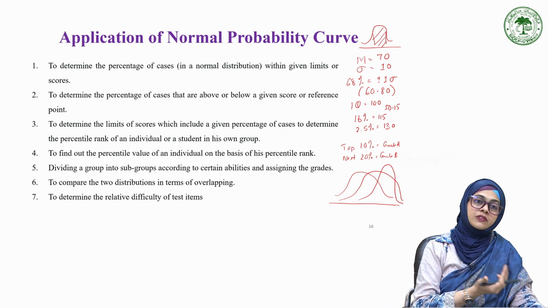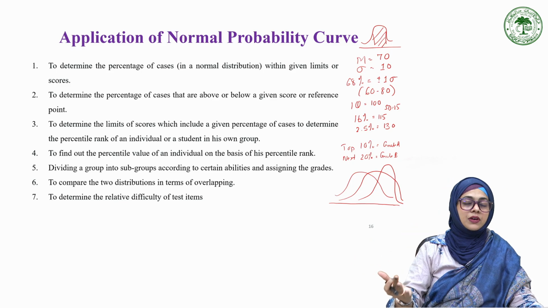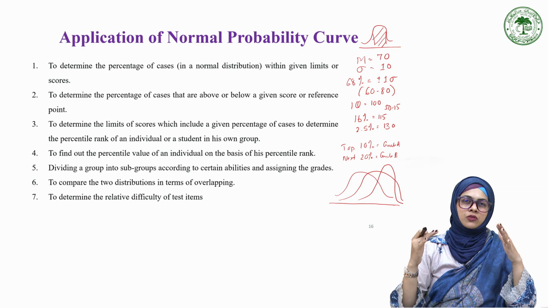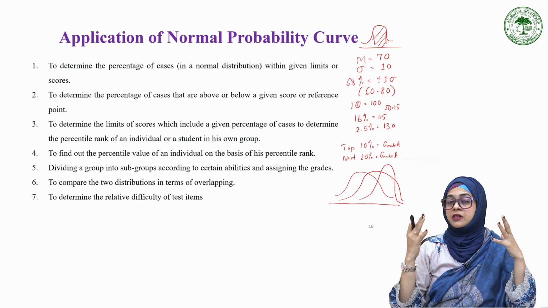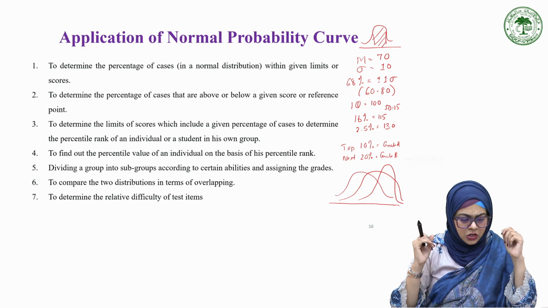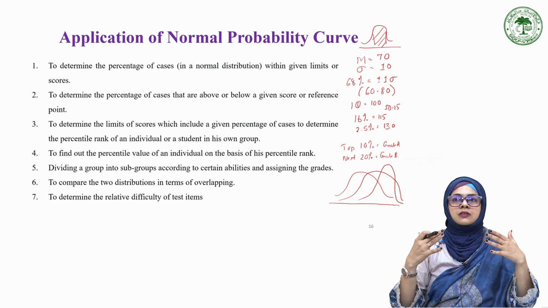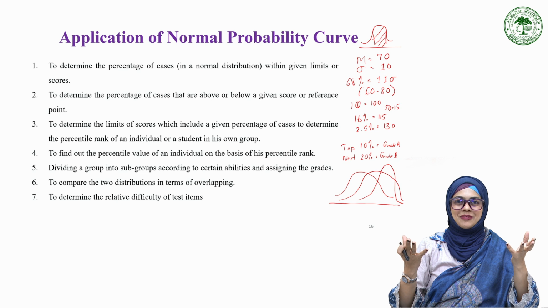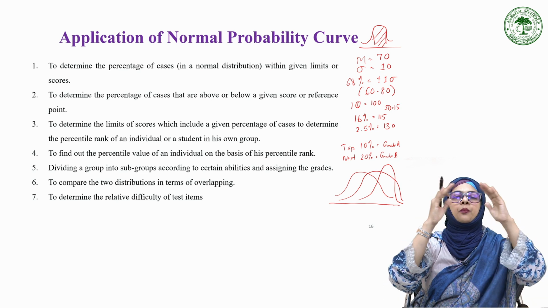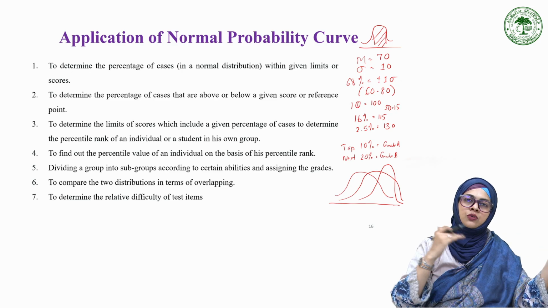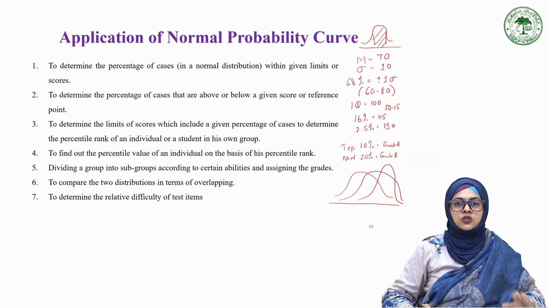If it is positively skewed, then just by looking at the normal probability graph, we can say that most of them scored very low marks and the test was very difficult. So NPC basically helps test developers to select a balanced type of test so that you get a normal probability curve and neither a positively skewed nor a negatively skewed one. So you can make a reliable assessment by it.